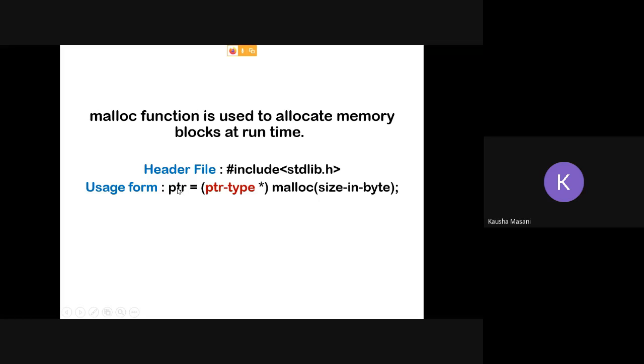Why? Because we want to store that memory address here in ptr. So we are going to typecast the void pointer returned by this malloc to the data type of this ptr, and to do that we are doing this typecasting. This red color ptr type star is actually the typecasting of the void pointer returned by this malloc, and that void pointer is pointing to the memory address of this memory block.